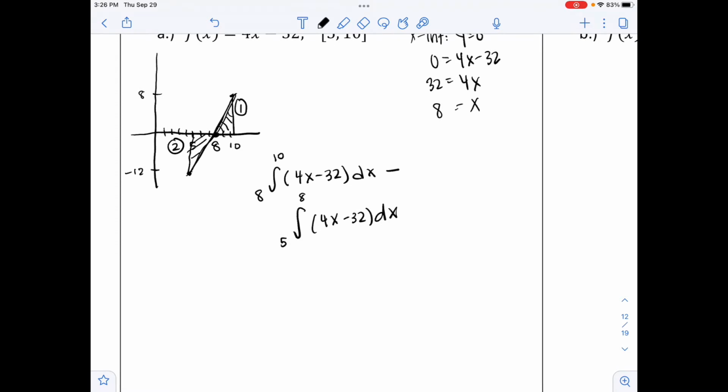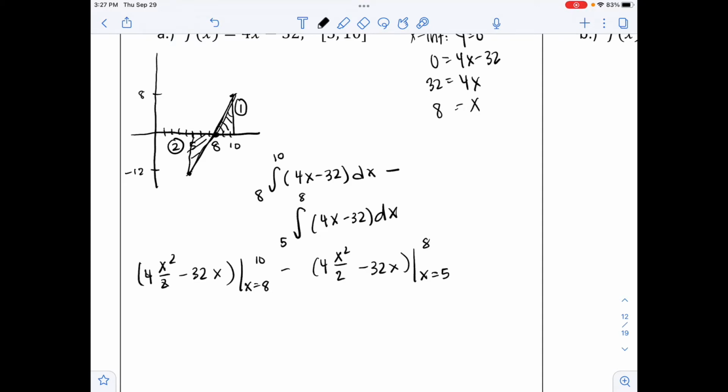So from here, integrating 4x minus 32, we get 4x squared over 2 minus 32x, evaluated from x equals 8 to 10, then minus the same thing when we integrate here, 4x squared over 2 minus 32x, evaluated from x equals 5 to 8.